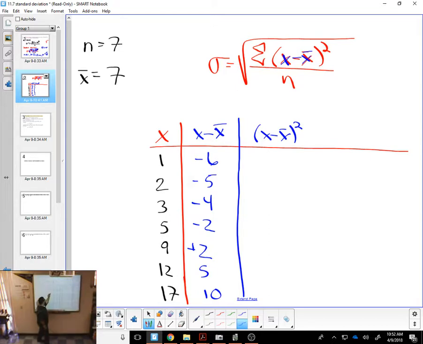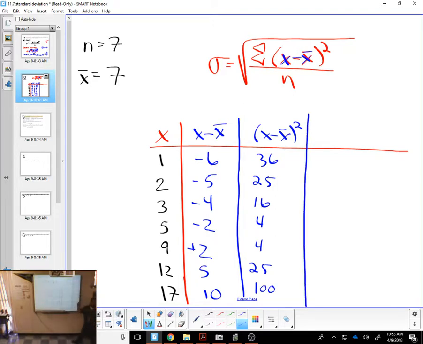So that's going to give me 36, 25, 16, 4, 4, 25, and 100. Okay? I just squared all of those numbers. Cool? So that means I am up to here. I've done all of this so far.